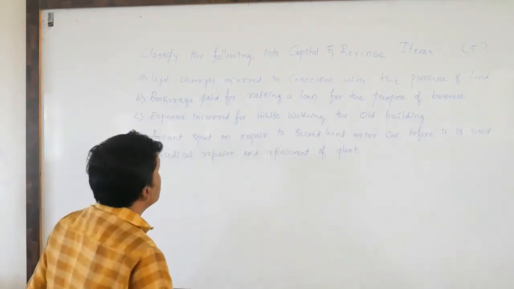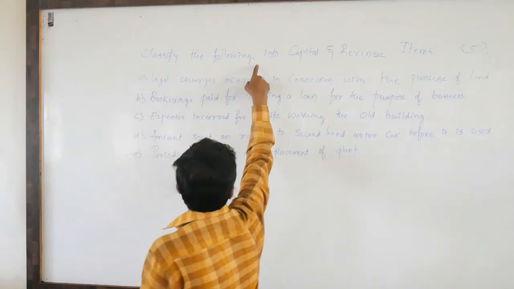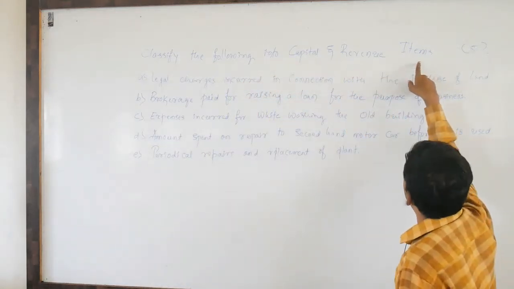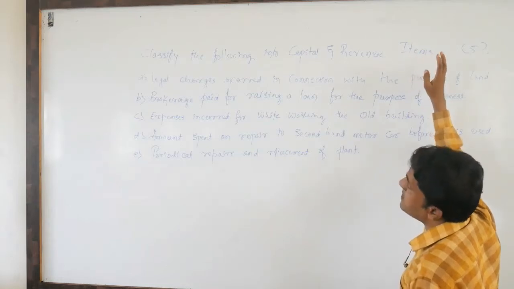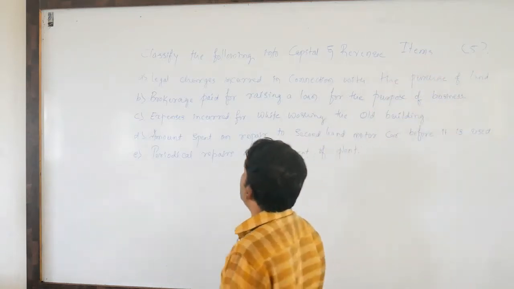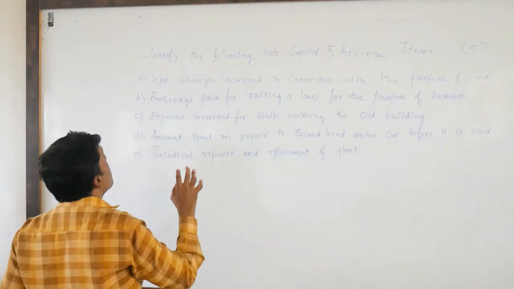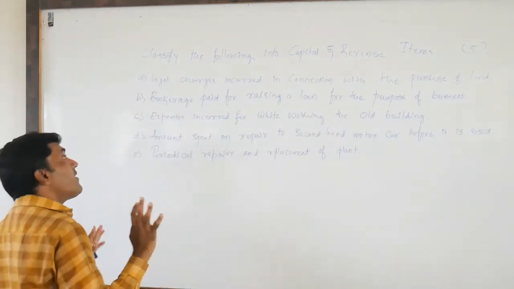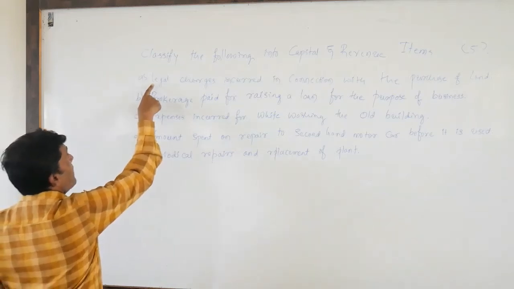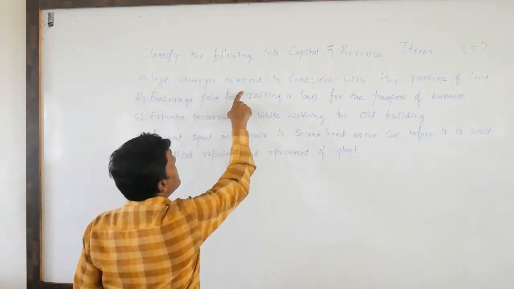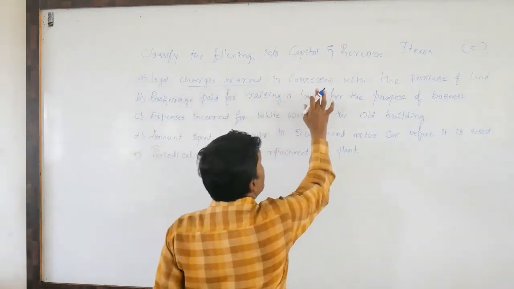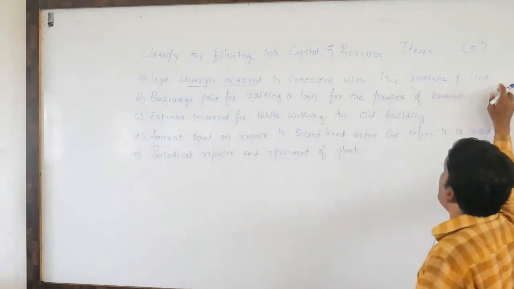The questions are like this. Classify the following into capital and revenue items. They didn't mention whether it is a receipt or payment. Simply their intention is to know whether this transaction is a capital or revenue item. Look here. Legal charges incurred in connection with the purchase of land.